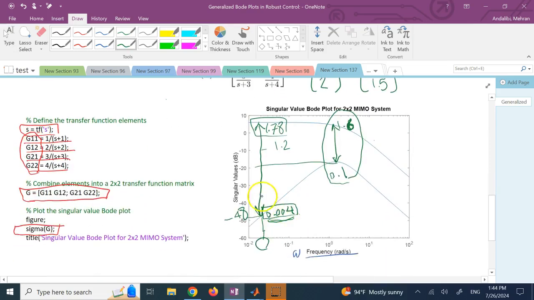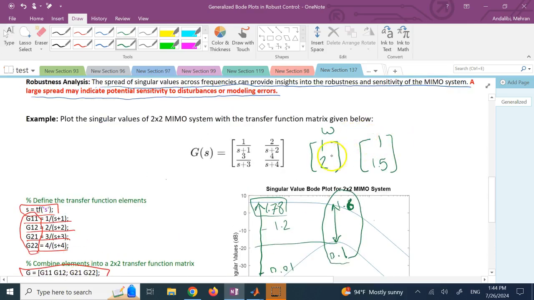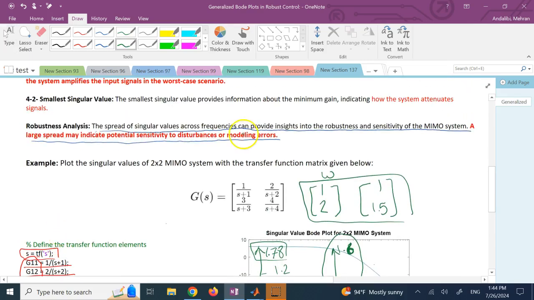You might get an amplification of, I don't know, 0.01. So you see, the system does not show robustness to changes in the input. If the input changes, your amplification changes big time. And that is exactly the definition of lack of robustness.